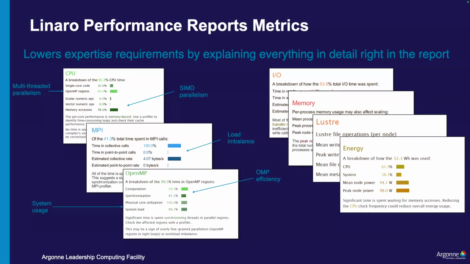So yeah, each part of this gives you a breakdown in some values where you can kind of say, is this okay? And what performance reports does as well is it gives you some hints and tips, so you can see that it says there's significant time is spent synchronizing threads in parallel regions, check the affected regions with the profiler. So it's giving you a hint to look at your OpenMP synchronization.